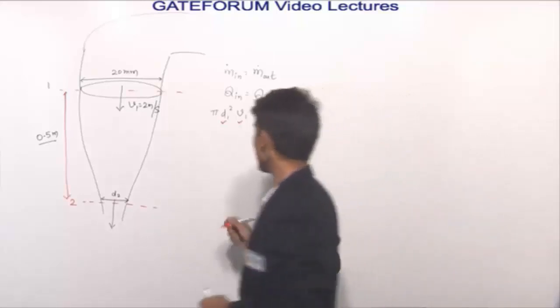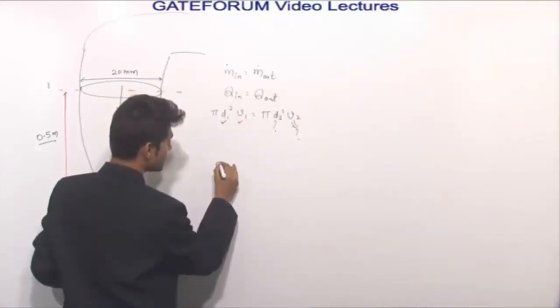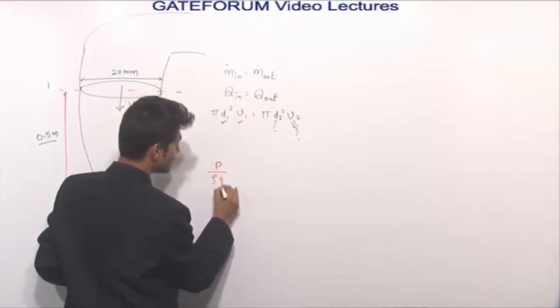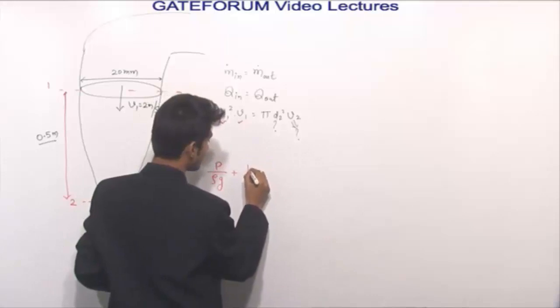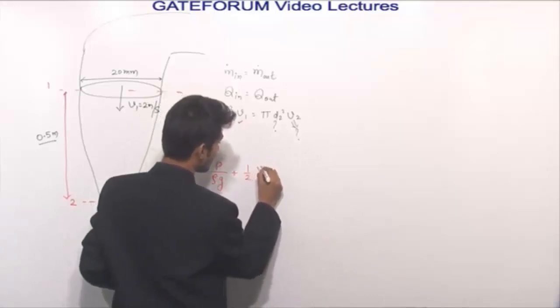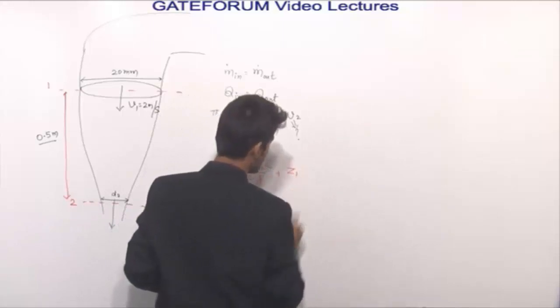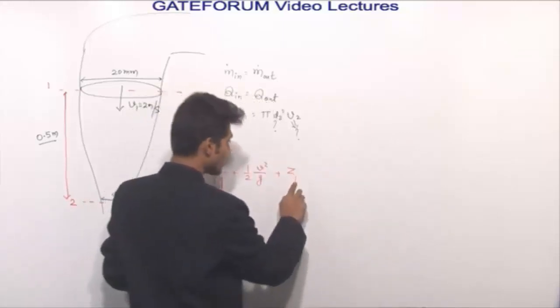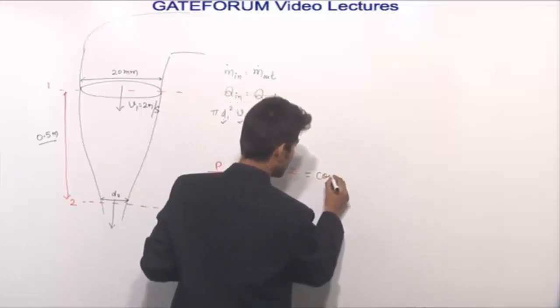For V2 we have Bernoulli's equation. Bernoulli's equation can be written as P by rho g plus V square by 2g plus Z is equal to constant. This is the equation in the theorem.